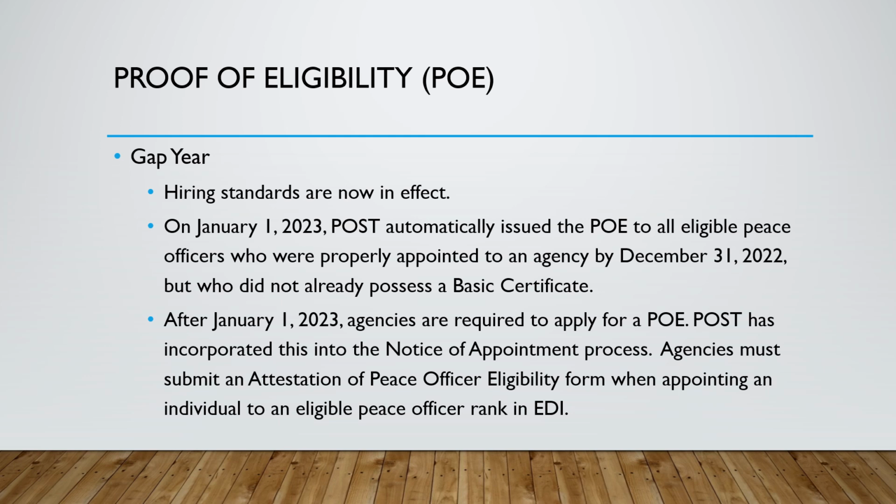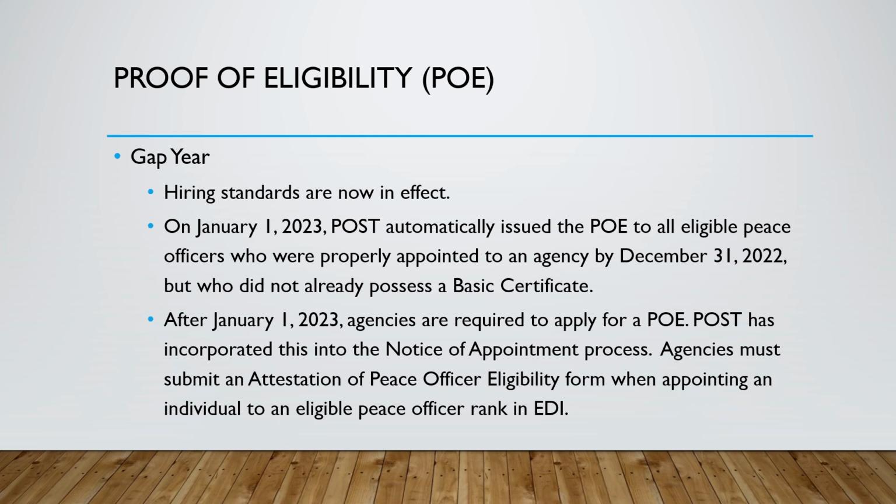To make this a little easier on agencies, Post is tying this process to the notice of appointment. When an agency appoints a brand new peace officer to their agency, regardless of whether or not they are brand new to the occupation or they are a lateral officer already in possession of a basic certificate, they will be required to upload what is known as an attestation of peace officer eligibility.